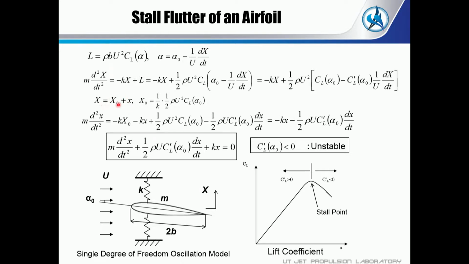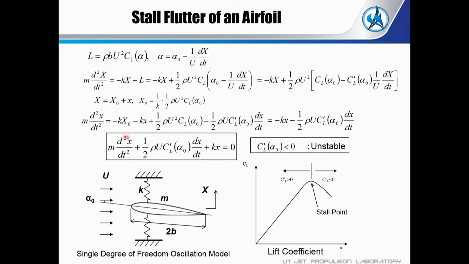So x is written like this, and x0 is the equilibrium position. So this equation holds. We put these equations into this equation, and we can have the equation for the small x like this. Finally, we can have this equation of the oscillation of the displacement x.